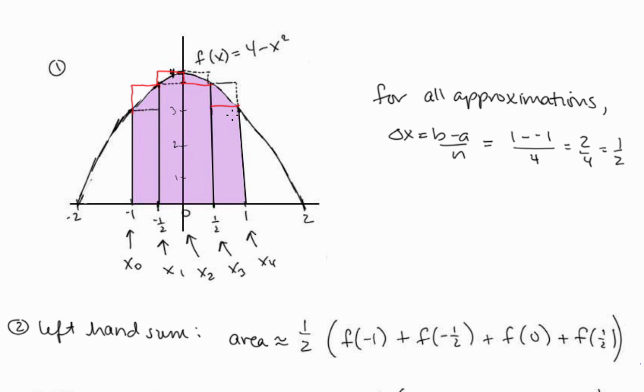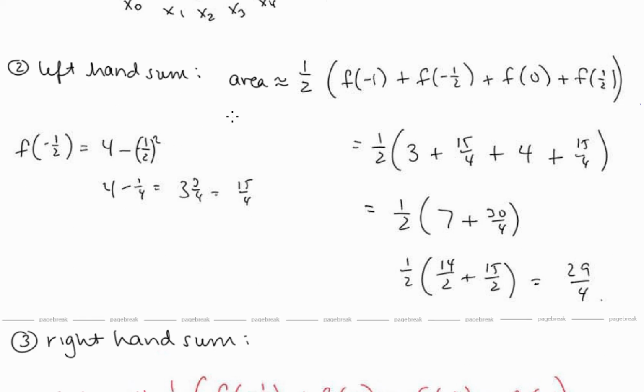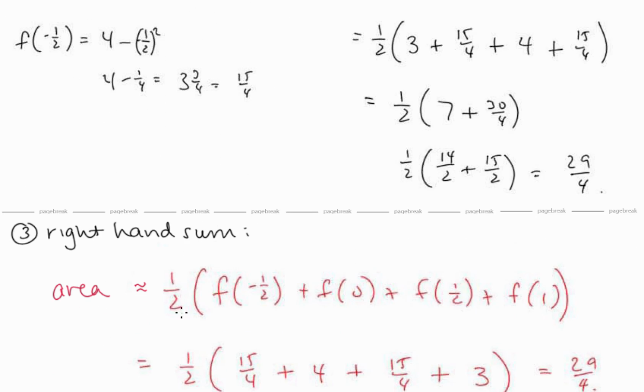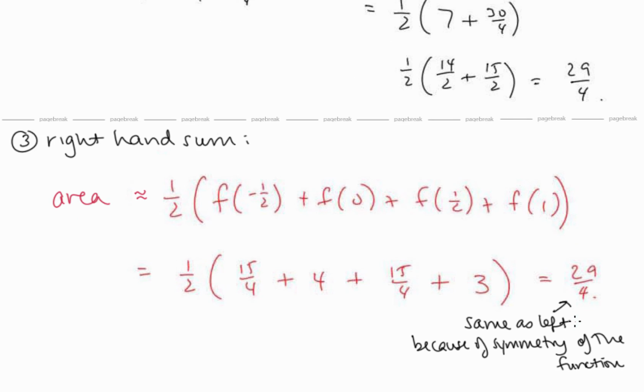And so those are the heights of our rectangles for the right-hand sum, and so our approximation looks like 1/2, again that's the delta x that we factor out, f of -1/2 plus f of 0 plus f of 1/2 plus f of 1. And here as well we're getting 29/4.